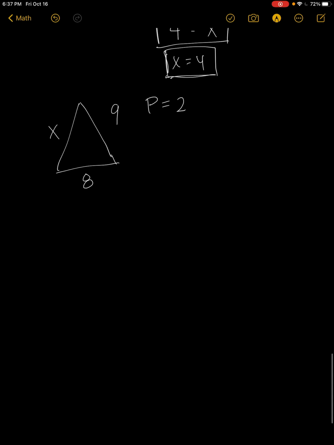Okay, so let's just do 2 more maybe. We have a triangle, and let's say the perimeter is given to us. The perimeter, we'll say, is 27. Okay. And I want to try and figure out what's the length of that missing side. Well, I know that perimeter is just the sum of all the sides.